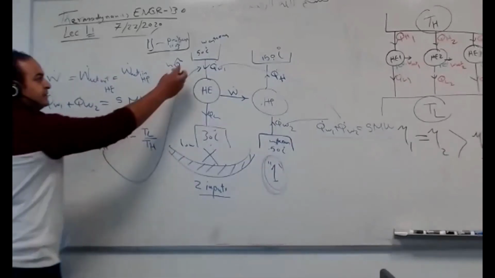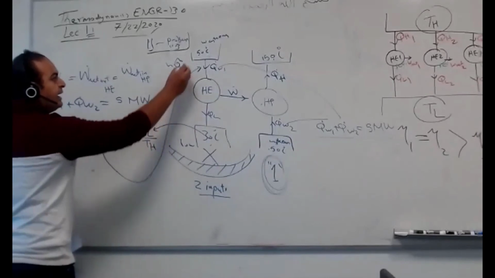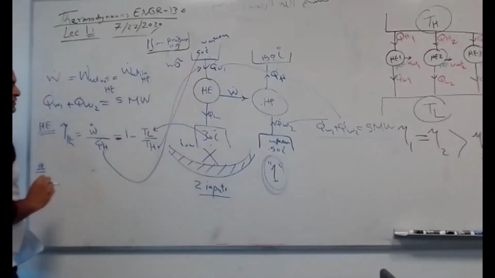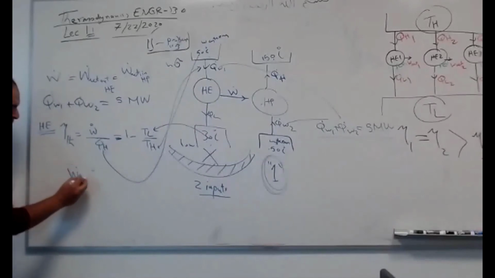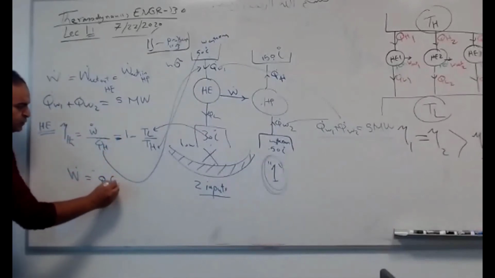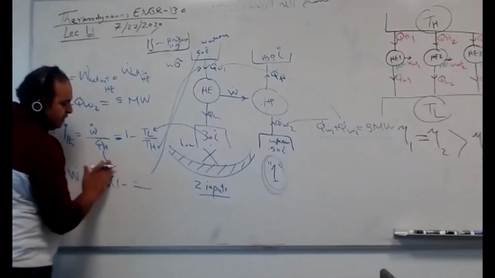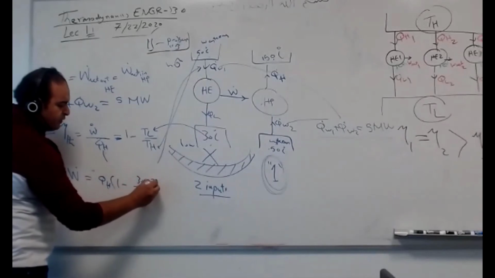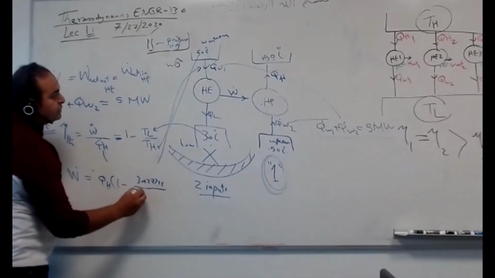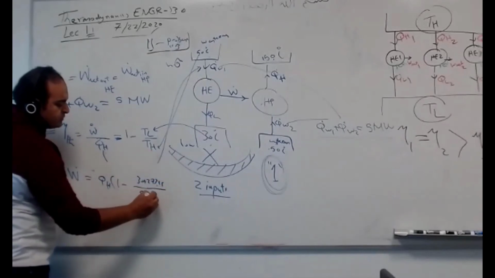T low I have, T high I have for the heat engine. I'm talking about the heat engine. So I can get W net out from the heat engine equal to Q high times 1 minus T low over T high, which is 30 plus 273.15 divided by T high, which is 50 plus 273.15.